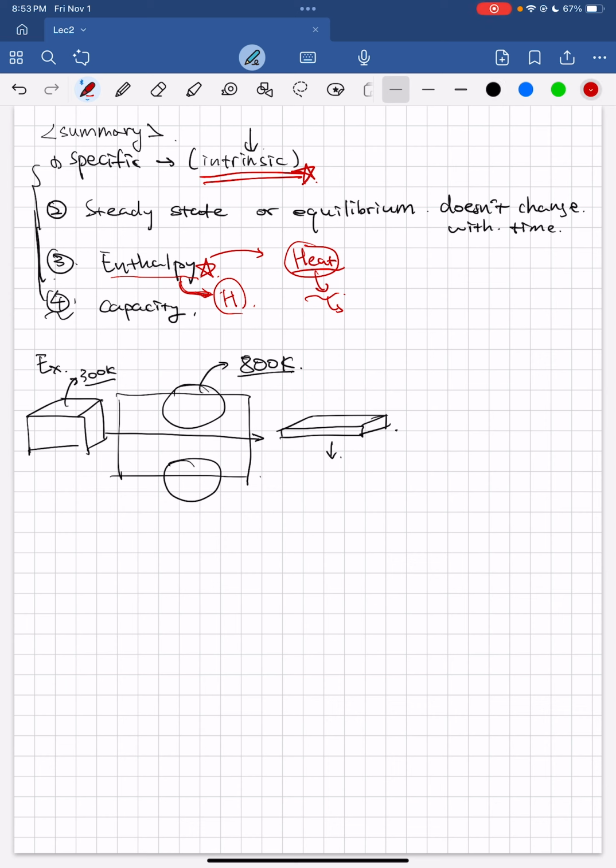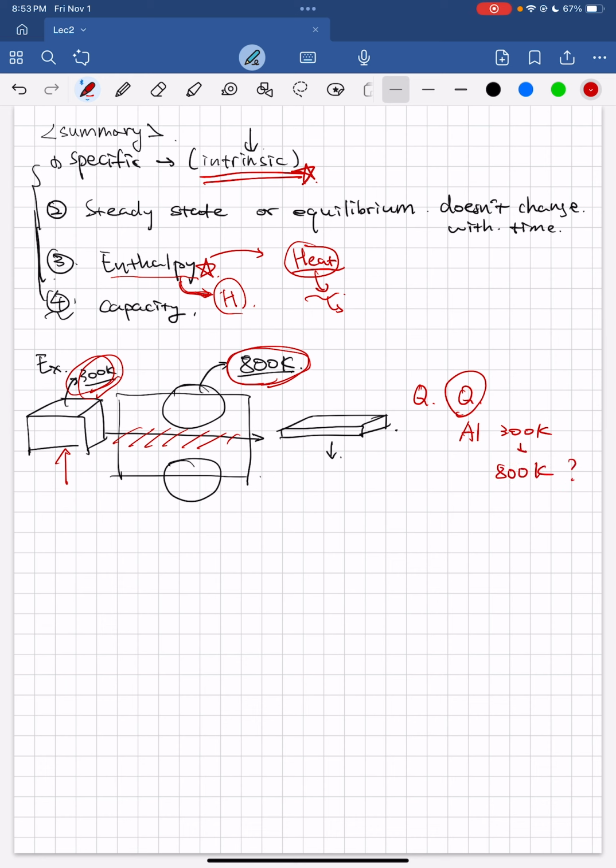We're gonna ignore the work done here with the rolling. We're just gonna think about how much heat is needed to increase this aluminium bulk from 300 Kelvin to 800 Kelvin.